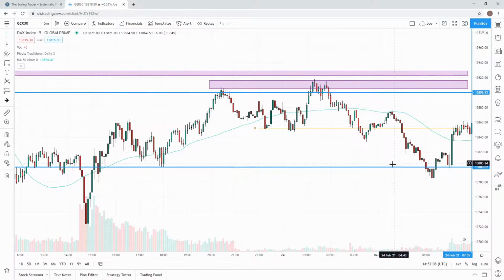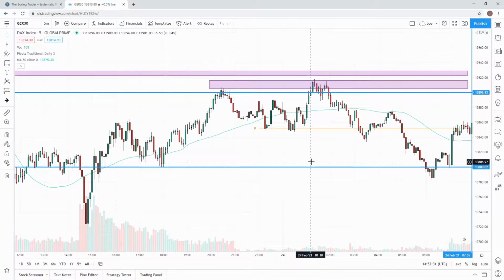If the bears are in charge, they're going to test this one to start with, and then we'll see where we go. Notice that I have no idea what's going to happen, of course. Price action is going to indicate to me what is the strongest hand, hopefully, and try to back it.